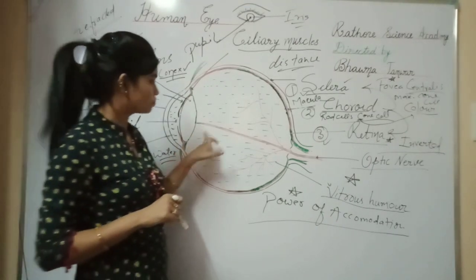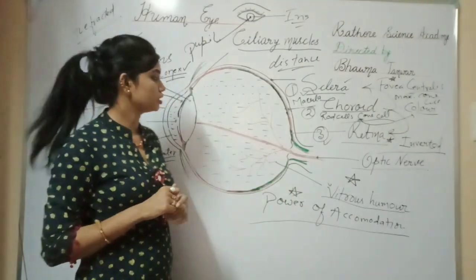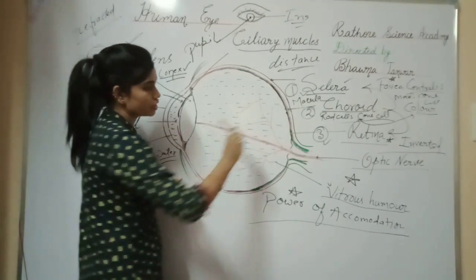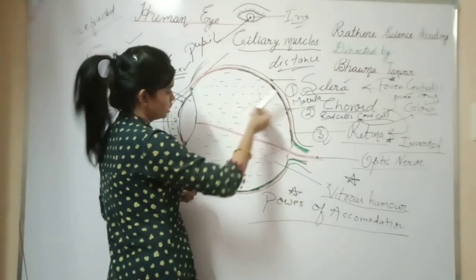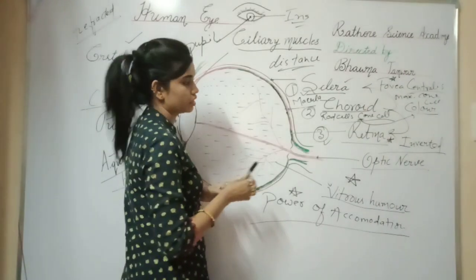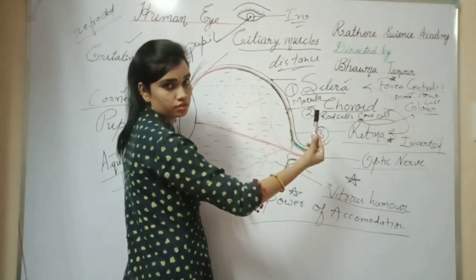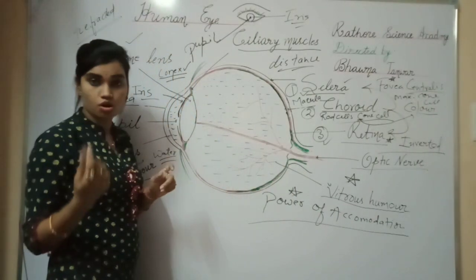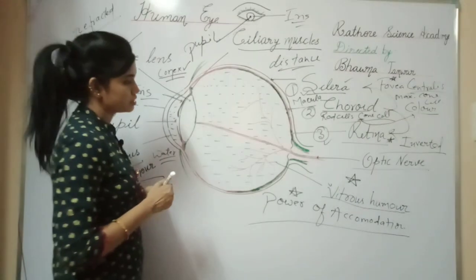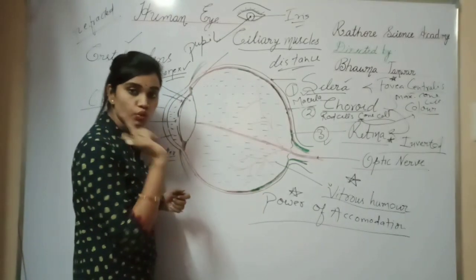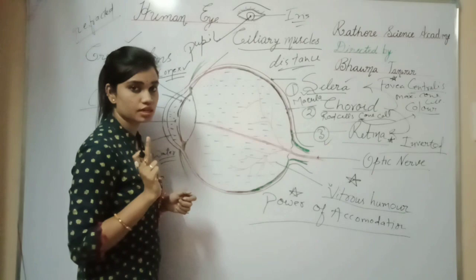And optic nerve, we have discussed optic nerve, right? When the inverted image forms on the retina, it sends the signal to the brain, and the brain interprets that signal and forms the erect image, so we can see erect objects. And yes, there is a place on the retina where no cone or rod cells are present.